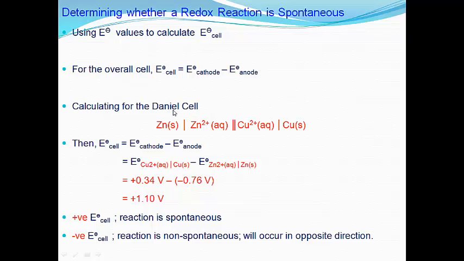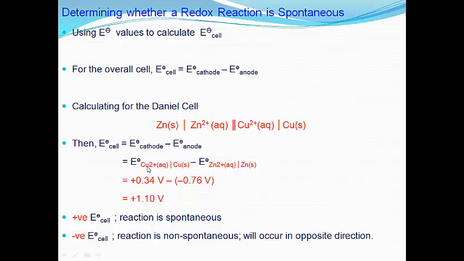And if we look at that for the Daniell cell, where we know this is the cell diagram, we can identify the anode on the left and the cathode on the right, and then find the E0 associated with each half reaction and plug that into our equation.